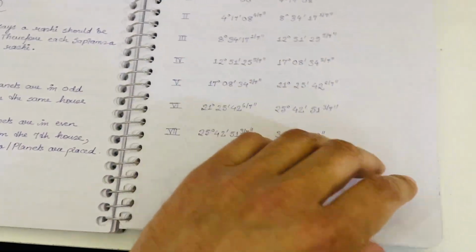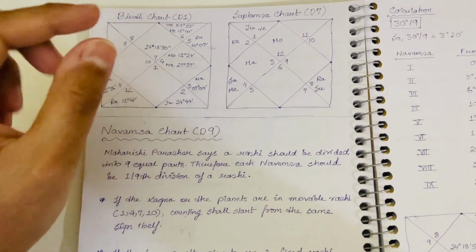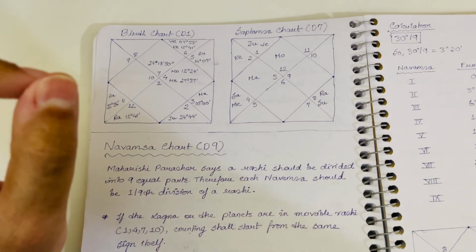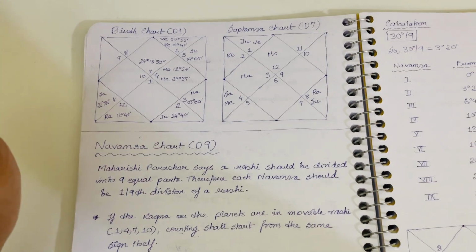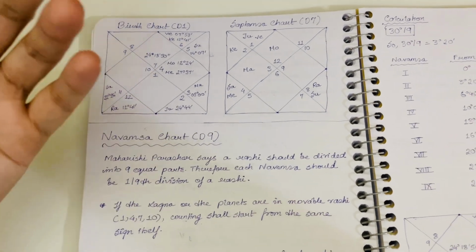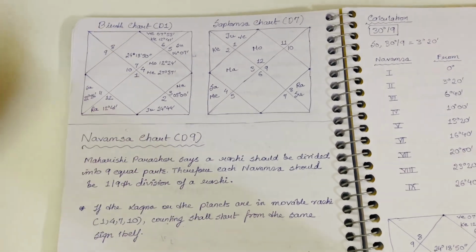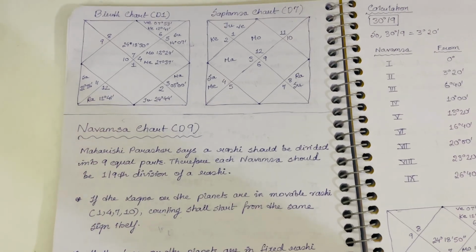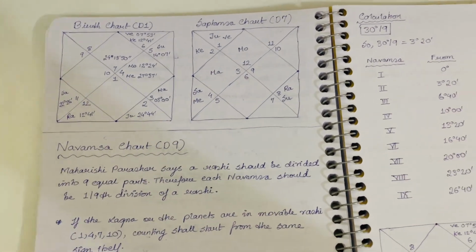Using these two tools of knowledge, you will be able to accurately create the Saptamsha chart from the birth chart D1. Congratulations. With more practice and revision, you will be thorough in the creation of the Saptamsha chart.